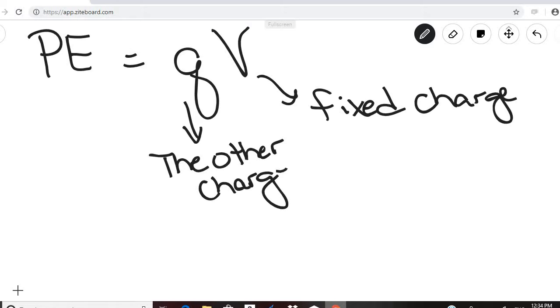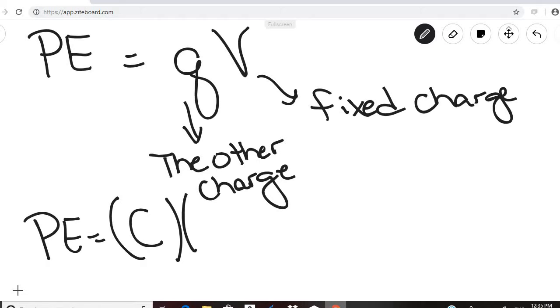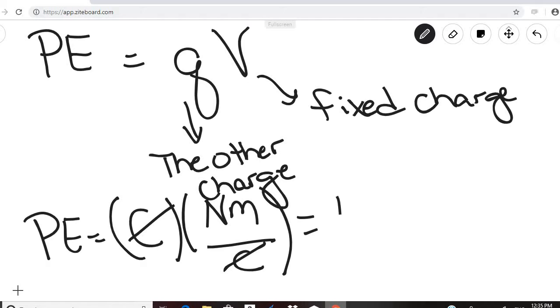Okay, so remember I said that potential energy is not the same as electric potential, because electric potential only accounts for one charge and not for the other. Now if we look at the units, potential energy is equal to Q, in coulombs, times V, in Newton meters over coulombs. So the coulombs are going to cancel, and you are left with Newton meters, which is a what?